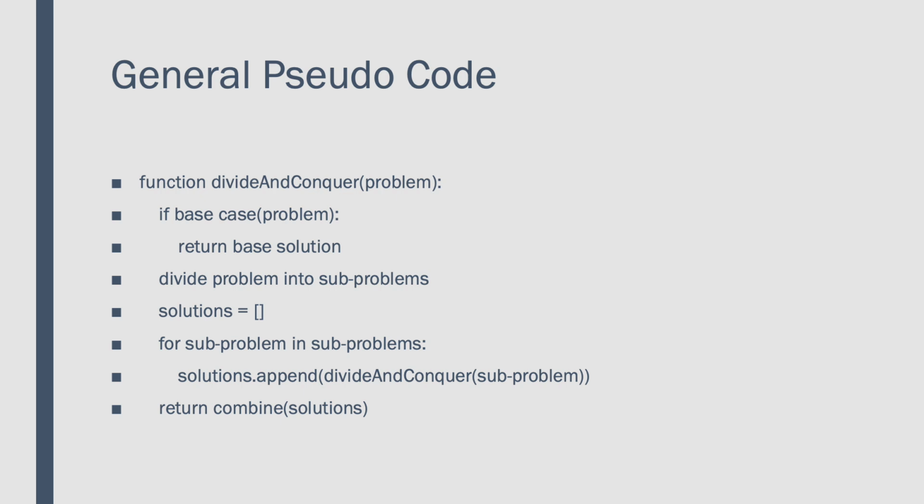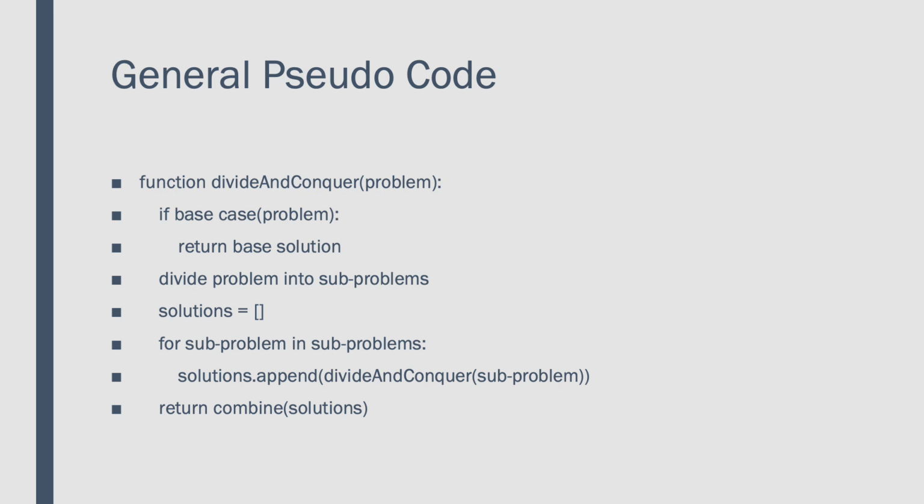For quicksort, it picks a pivot, partitions the array, and recursively sorts each partition. For binary search, it recursively searches the left or right half of a sorted array. For Strassen's algorithm, it splits matrices into quadrants and recursively multiplies them. So this is how each algorithm uses this general pseudocode.